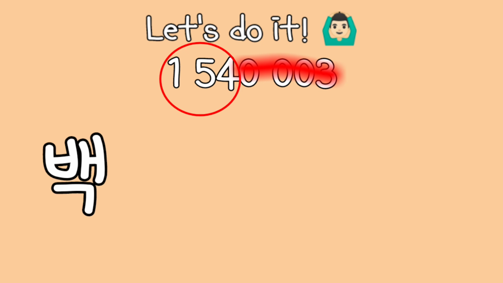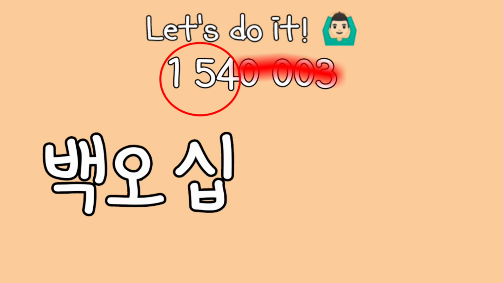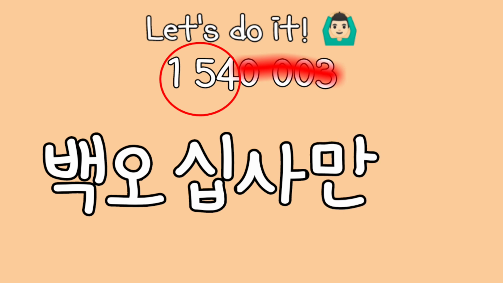And next is 50, or uship. And last is 4, or sa. So we have pek uship sa plus the word man.